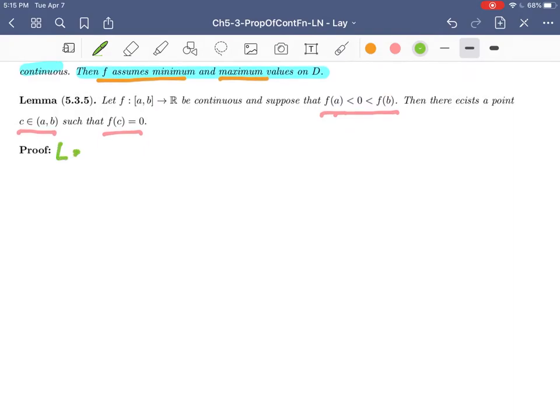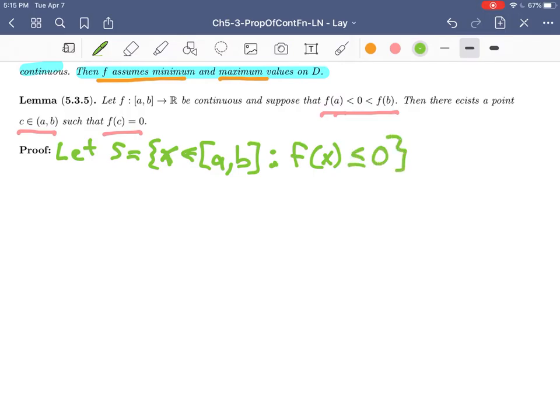Let S be equal to the set of all x values in the closed interval from a to b such that the function value f evaluated at x is less than or equal to 0.